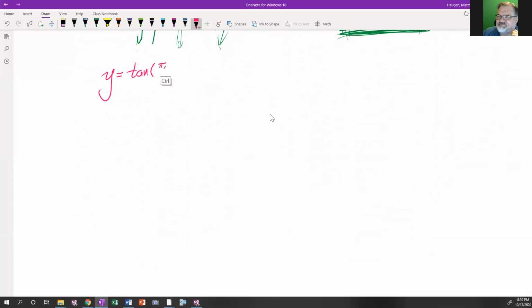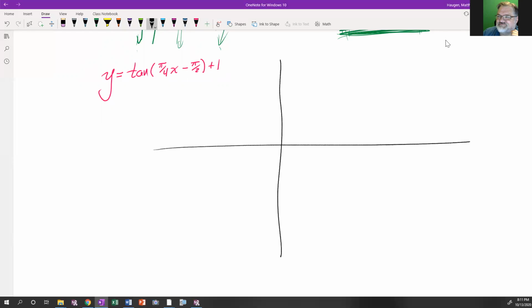How about pi over 4x minus, sorry, pi over 4x minus, let's say, pi over 2, why not? Plus 1. And we wanted to graph that. Sure, we could have a computer graph it for us, but it's nice for us to learn how to find these values nice and exactly.